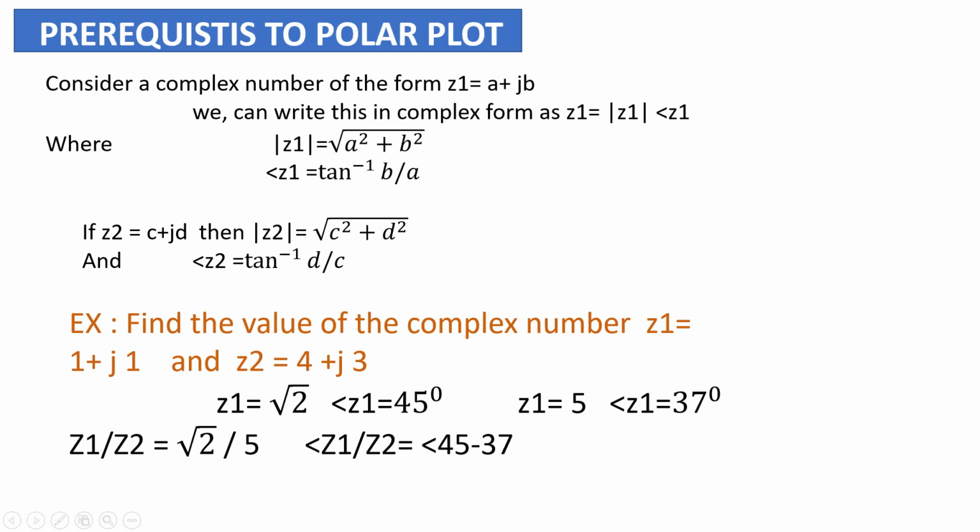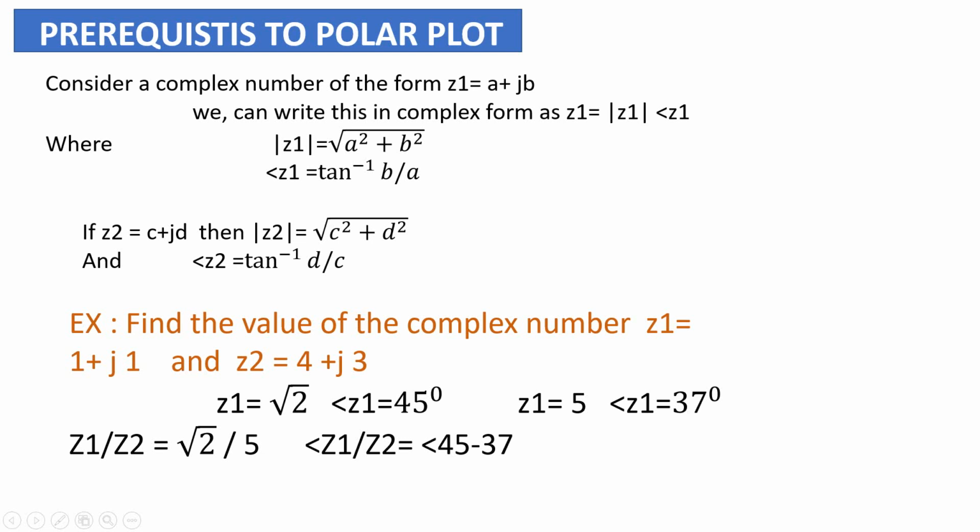So if we have a complex number Z1 equal to 1 plus j1 and Z2 equal to 4 plus j3, then we need to find the magnitude of Z1 by Z2 and the angle of Z1 by Z2. We have the magnitude of Z1 as square root of 2 and the angle of Z1 as 45 degrees.